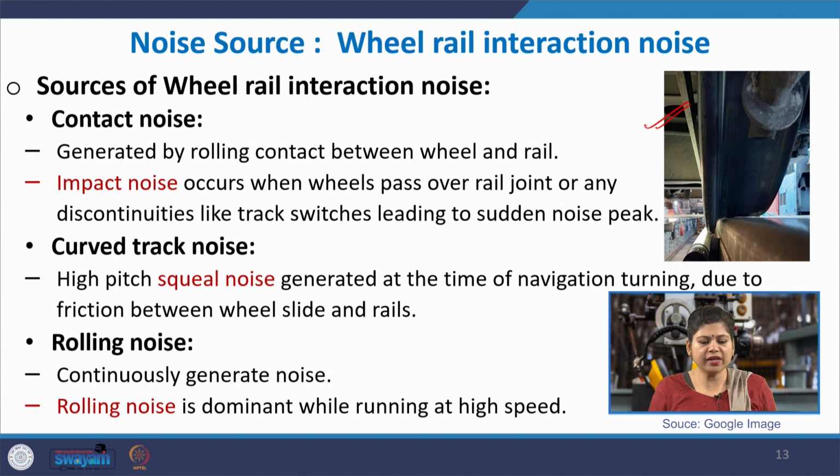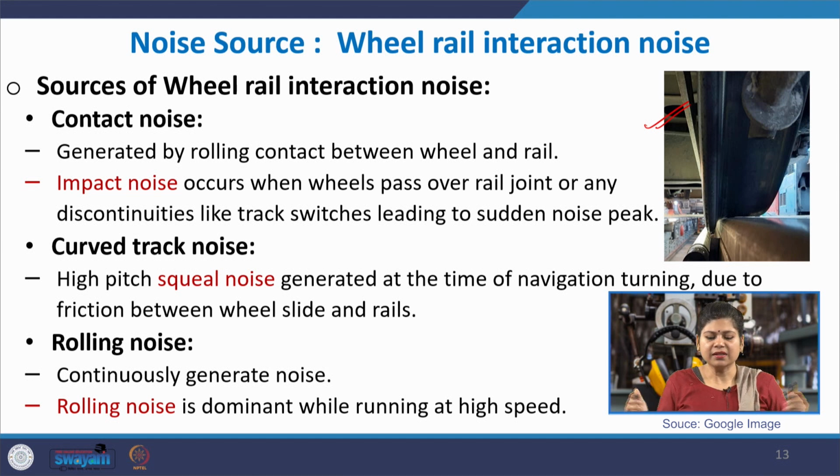The wheel rail interaction noise can be either in the form of contact noise. This contact noise is generated by the rolling contact between the wheel and the rail, and this is in the form of the impact noise that occurs when the wheel passes over the rail joint or any other form of discontinuities that might be present in the track.